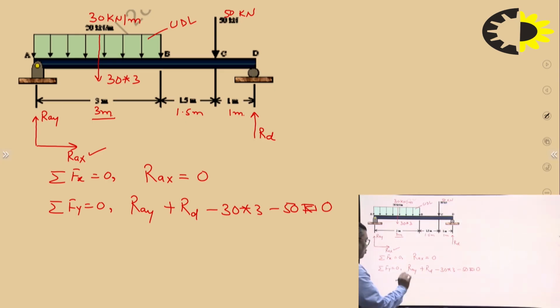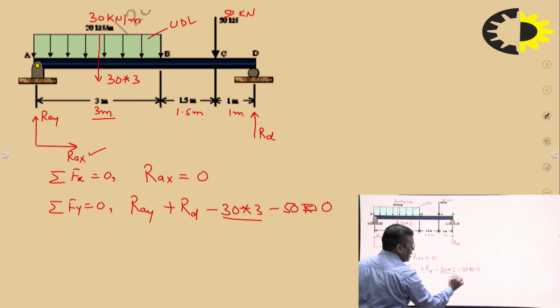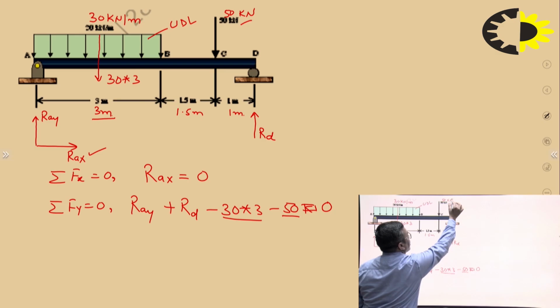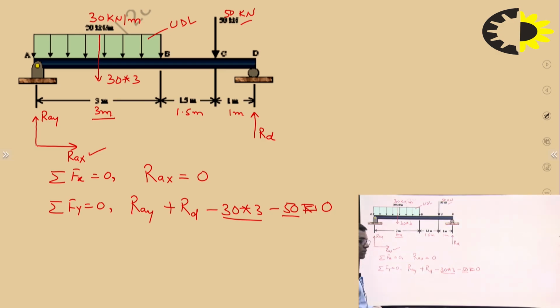Any other force? No. So RAY plus RD minus 30 into 3, the UDL, minus 50 kilonewton, the point load at point C, equals 0.